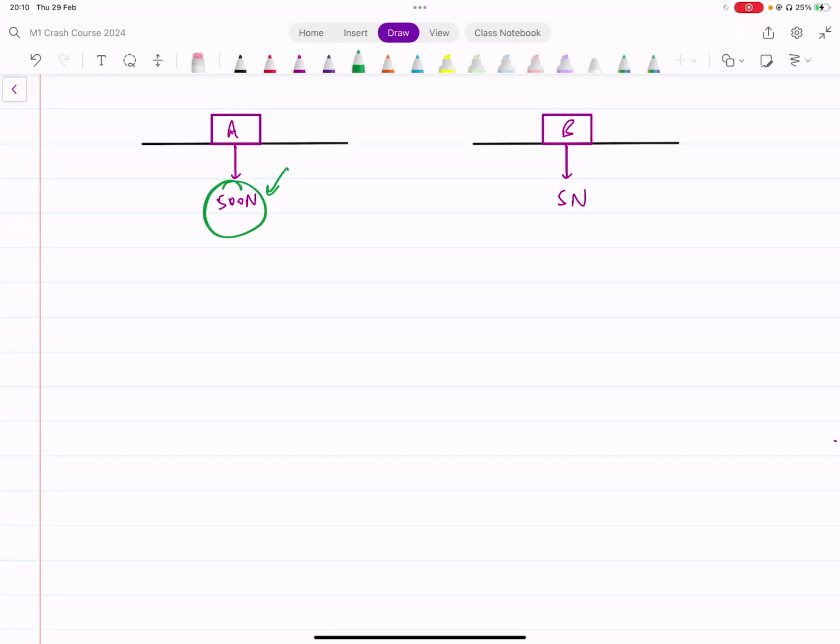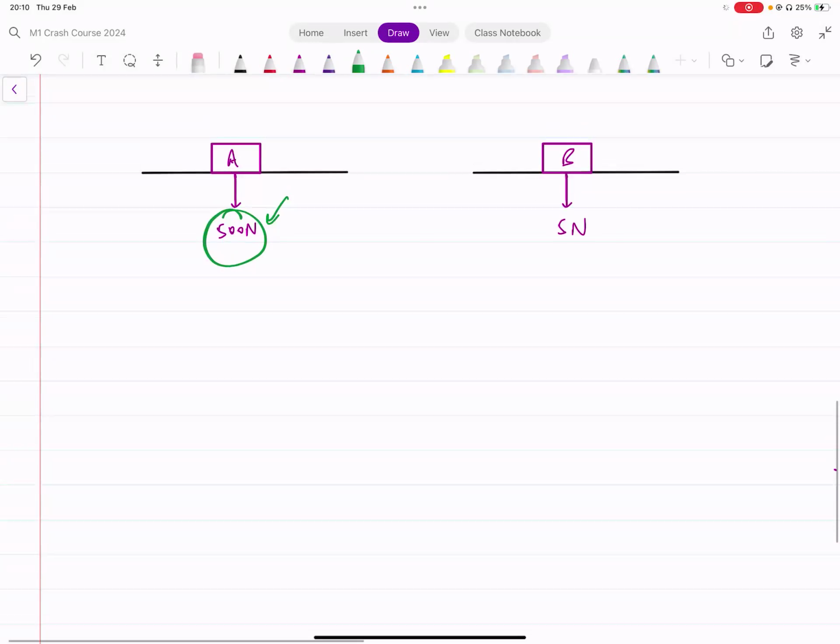The object is applying a force of 500 Newton on the surface. The surface is applying a reaction force of 500 Newton. So they are strongly connected like this. Similarly, on the other hand, if you look at block B, the force that they are applying on each other is only 5 Newton. So the block that has more weight is likely to have more friction as compared to the other one.